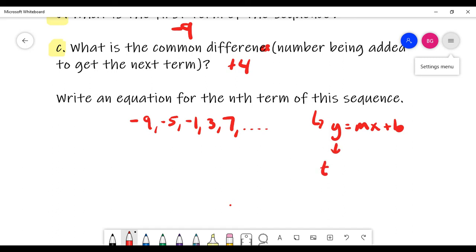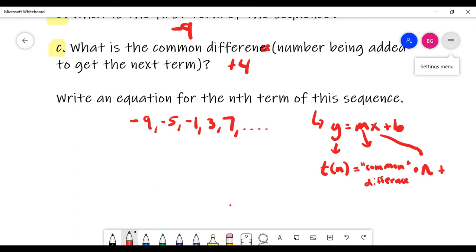That is going to be our t of n, the term that we get. Then our m is going to be our common difference. Our x is going to be our n, which is our term number.